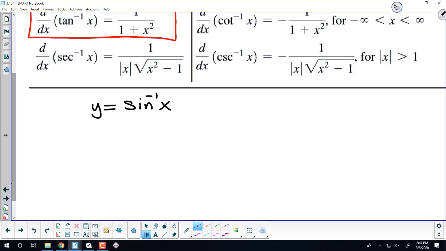Proving these derivatives are what they are, the easiest way involves implicit differentiation. So we're starting off with this function and we want to know what y prime is.